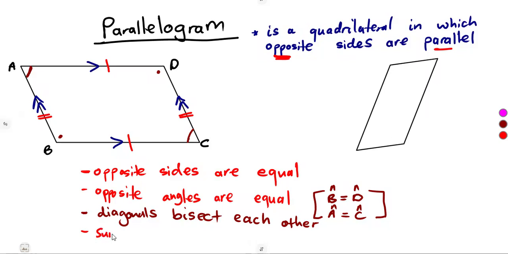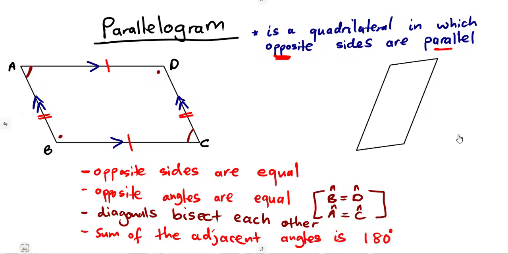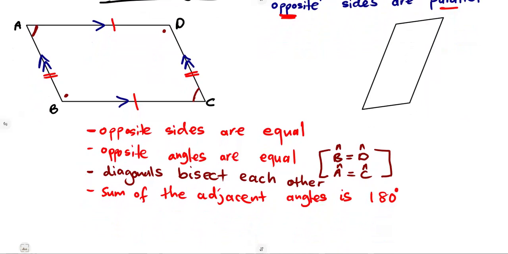So the sum of the adjacent angles is 180 degrees. Which adjacent angles are we talking about? Angles that are sitting next to each other. This one and this one, next to each other.